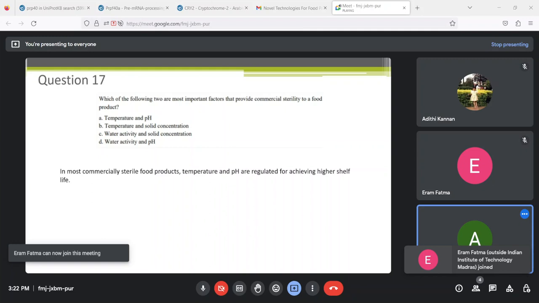That is, it will affect the cytoplasmic pH, the enzymes, and the proteins inside the microorganisms, and hence this will prevent their growth as well. So temperature and pH are the most important factors for commercial sterility of the food product. So the answer is option A.